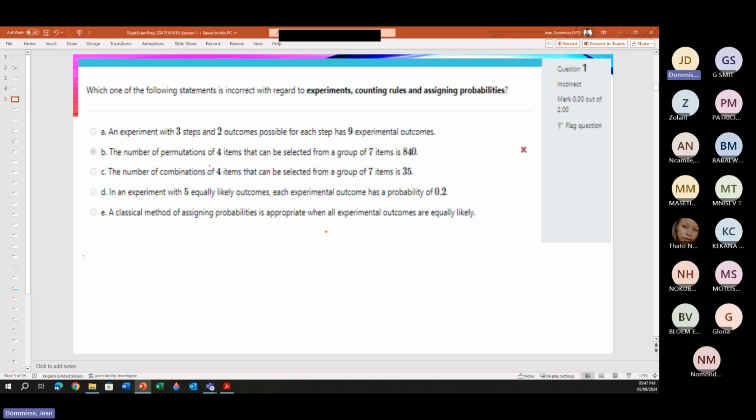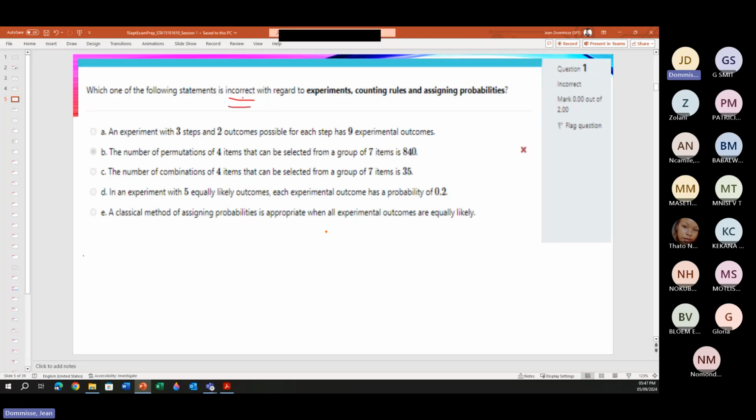So let's look at this one, because again, why I want to mix it up is this now takes you back. When did we do this? Was study unit 4. Okay, so probabilities and those kind of things was in study unit 4. So let's look at which one of the following statements is incorrect with regards to experiments, counting rules, and assigning probabilities.